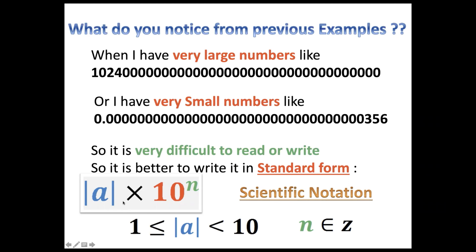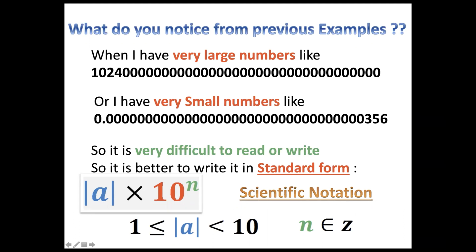You have to know the modulus of A. The modulus of A should be greater than or equal to 1, so 1 is in my range. The modulus of A should be greater than or equal to 1 but less than 10. So the number 10 is not in my range. So the modulus of A will be greater than or equal to 1 and less than 10.